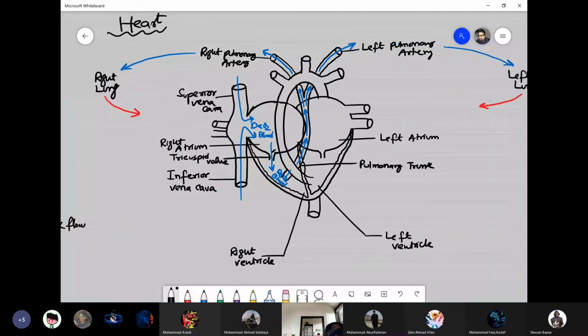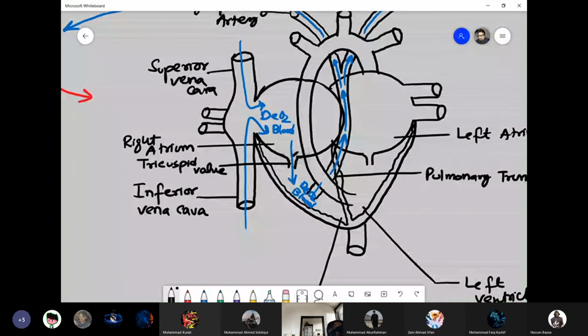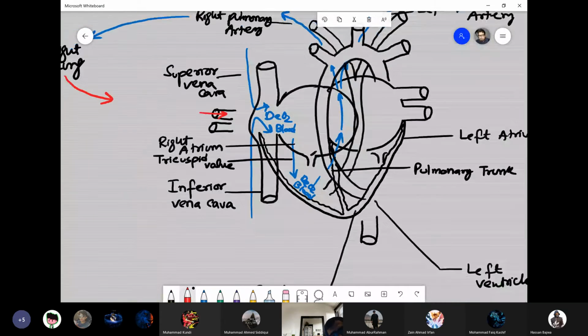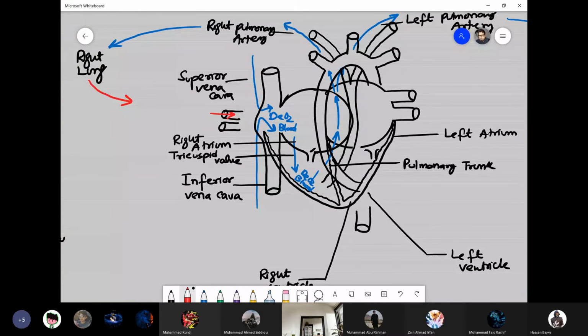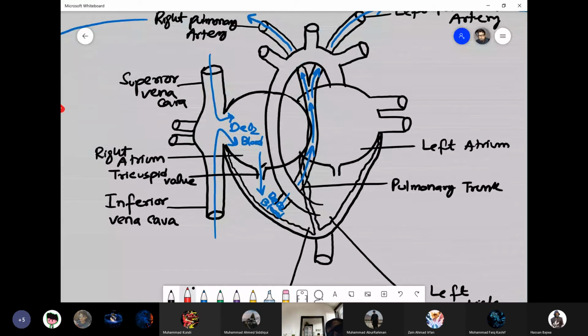Now, then what did I tell you? That here are two blood vessels. Look here. There are two blood vessels over here. These two. There are four blood vessels total.